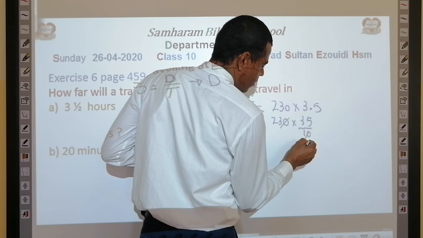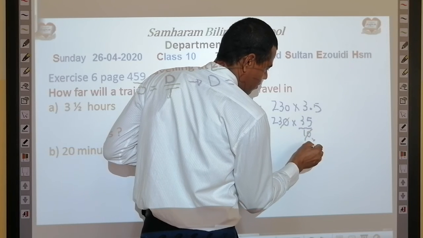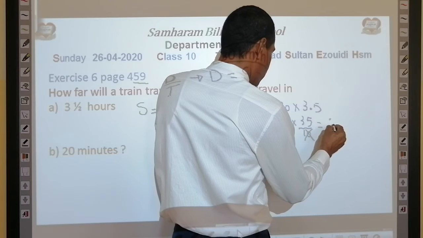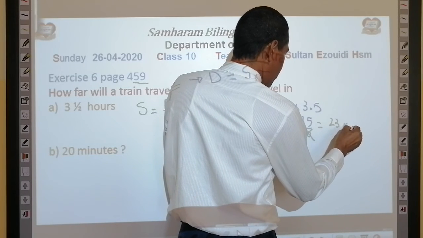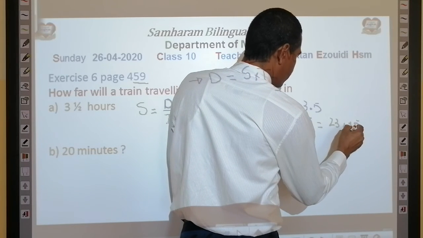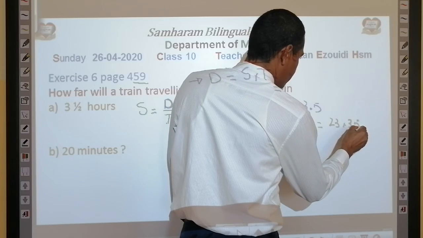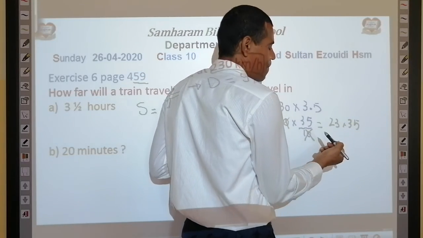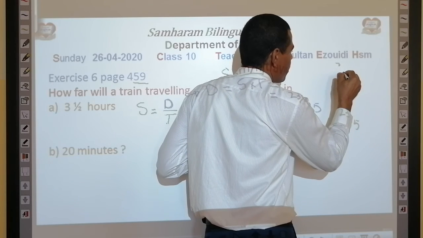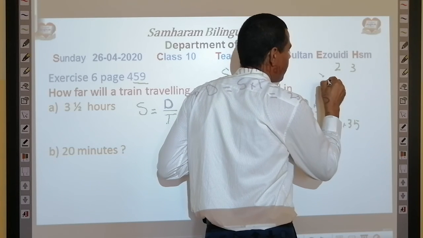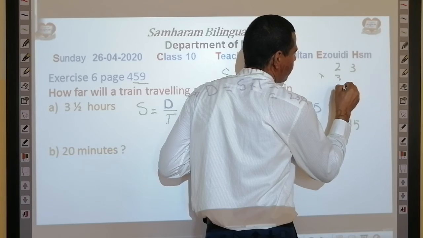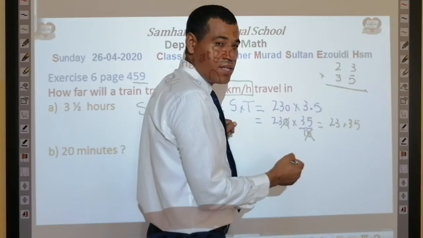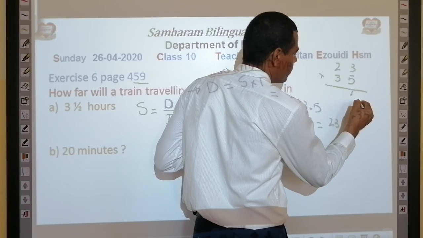So it will be 23 multiplied by 35. 5 multiplied by 3, 15.